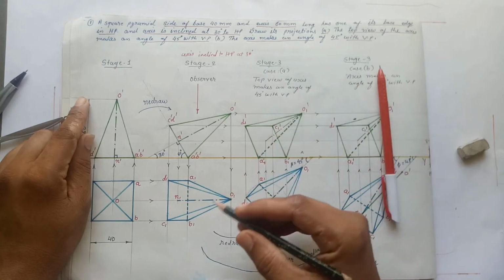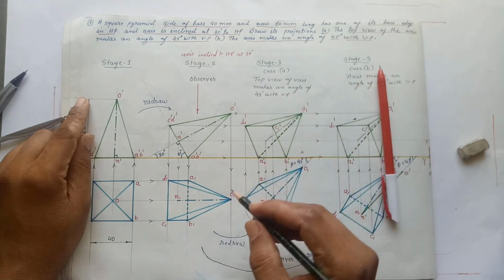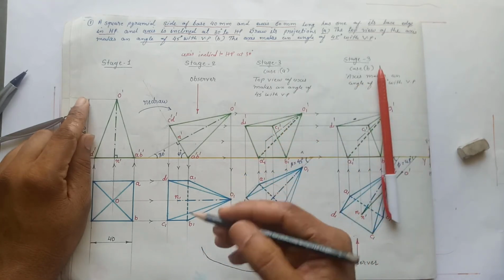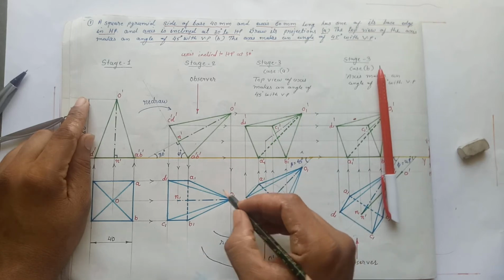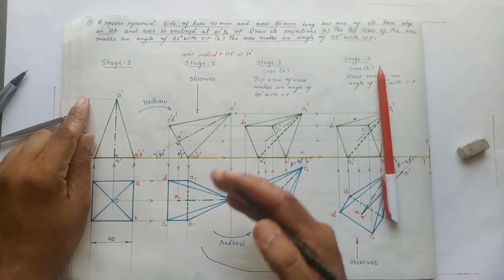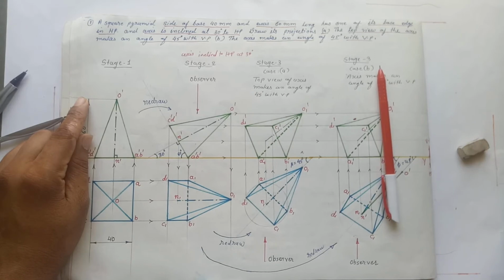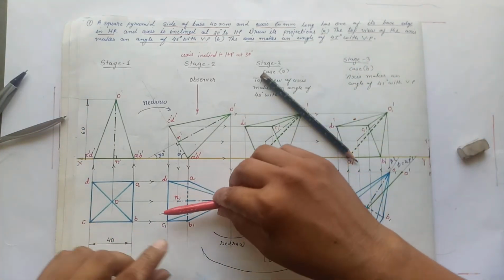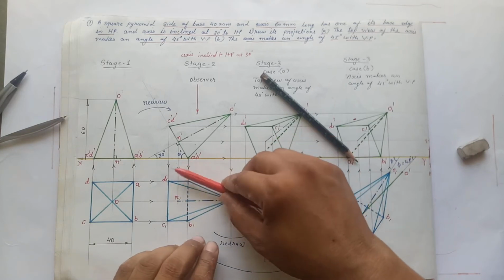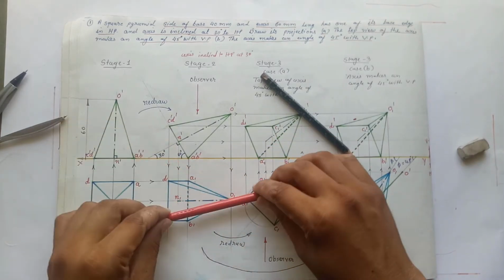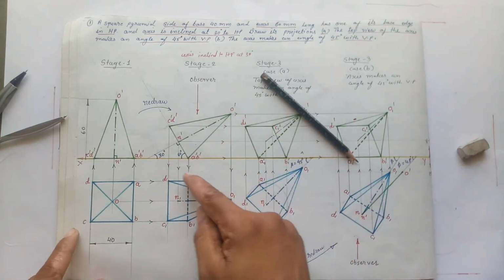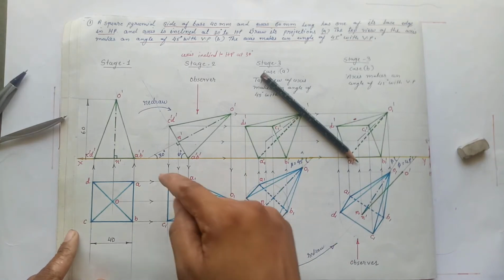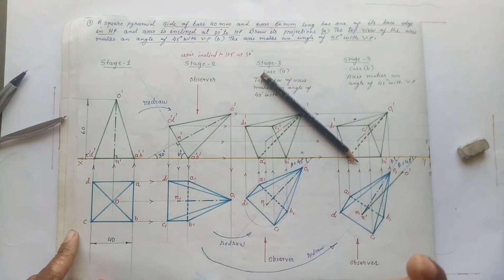After that we have to draw the remaining slant edges, that is OA and OB. If OA and OB come outside of this visible part, the triangular face OCD, then they are going to be visible.